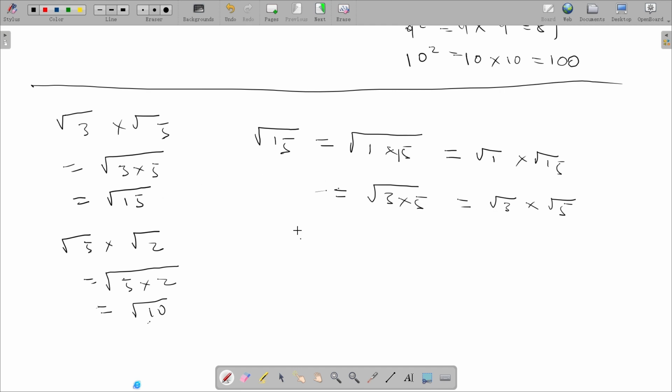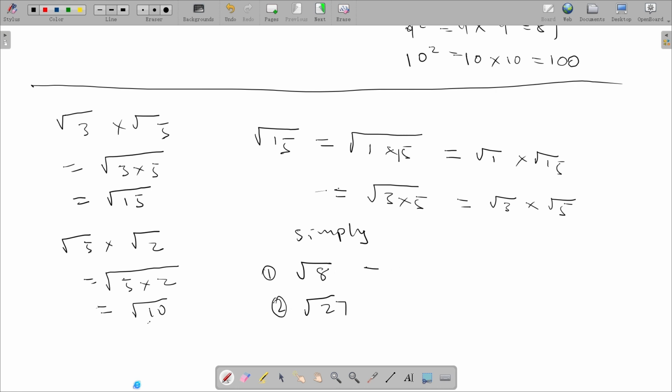Let's try and simplify these. We want to simplify number 1, square root of 8, and number 2, square root of 27. How do we do that? Okay, let's go.